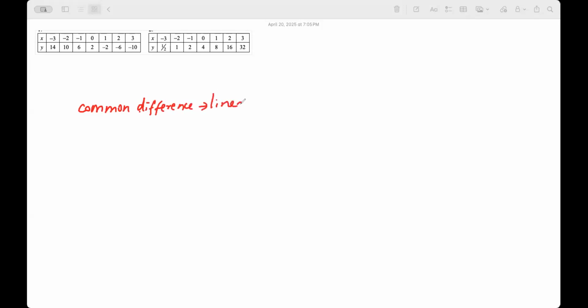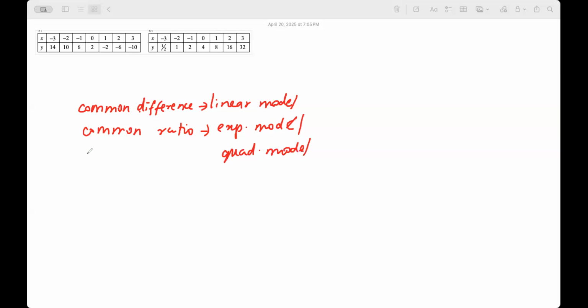If there is a common ratio, it's an exponential model. How do you tell it's a quadratic model? If it is quadratic, the second difference will be the same. If it's a cubic model, the third difference is the same.